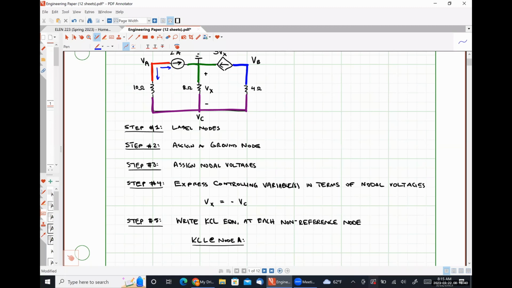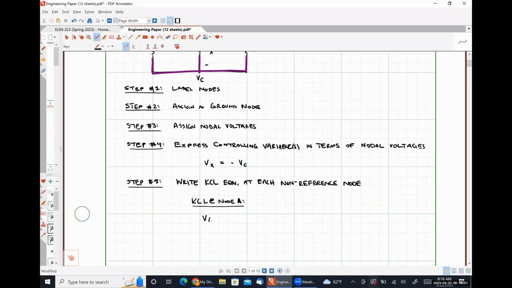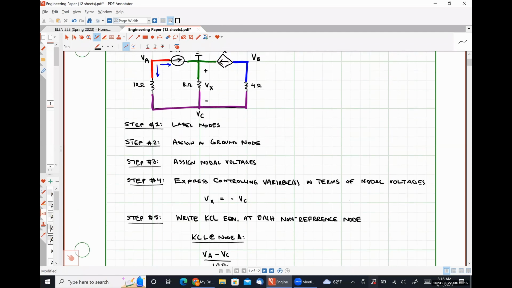So I'm going to express the current flowing down through the 10 ohm resistor using Ohm's law. So I want the voltage drop over the 10 ohm resistor divided by the resistance of the 10 ohm resistor. Well, the voltage drop across the 10 ohm resistor here with the indicated direction is just going to be VA minus VC. Okay. So I'm going to have VA minus VC divided by 10 ohms.